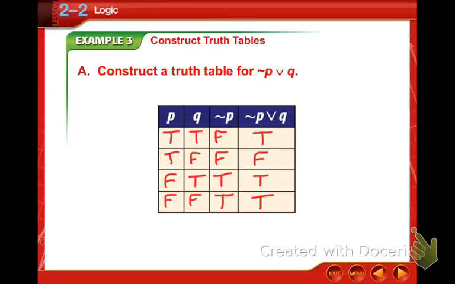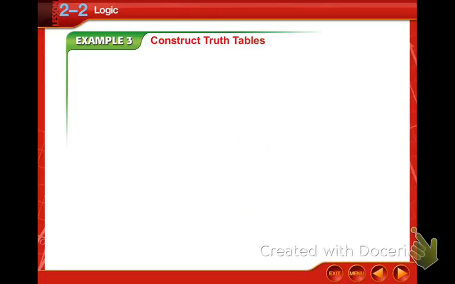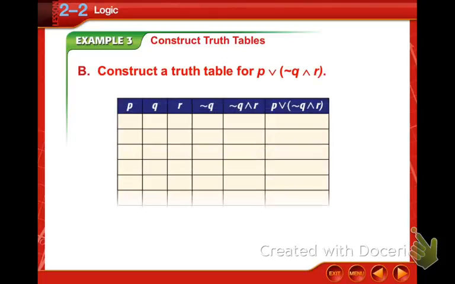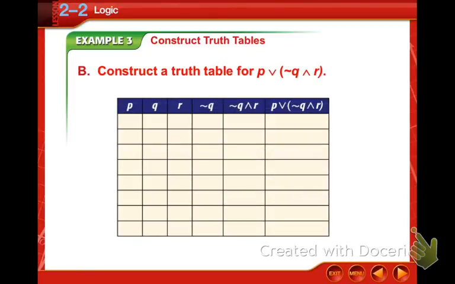Okay, now we have another one. This one's a bit more complicated because we have a lot more going on, right? We have P, we have Q, we have R. We also have a not Q, we have not Q and R, and then we have the whole thing at the end. So again, we're going to start out the same way I just said we need to start every table. Half and half. So P is going to be true, true, true, true, false, false, false, false.